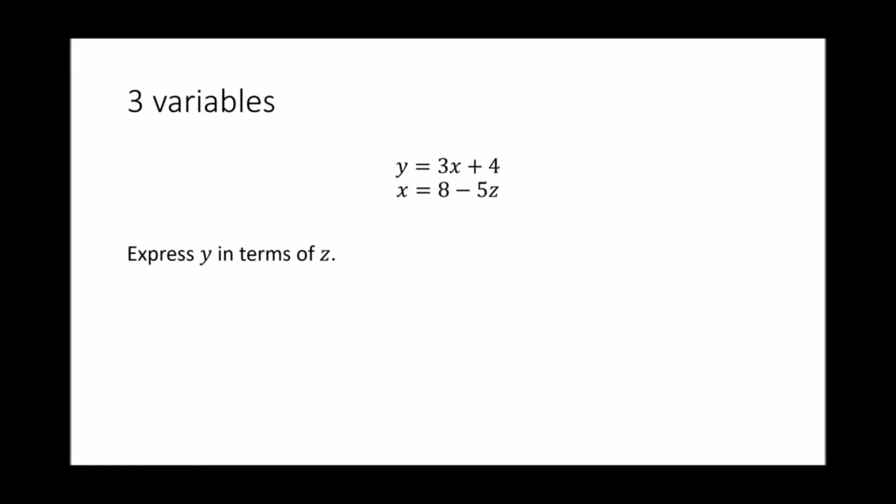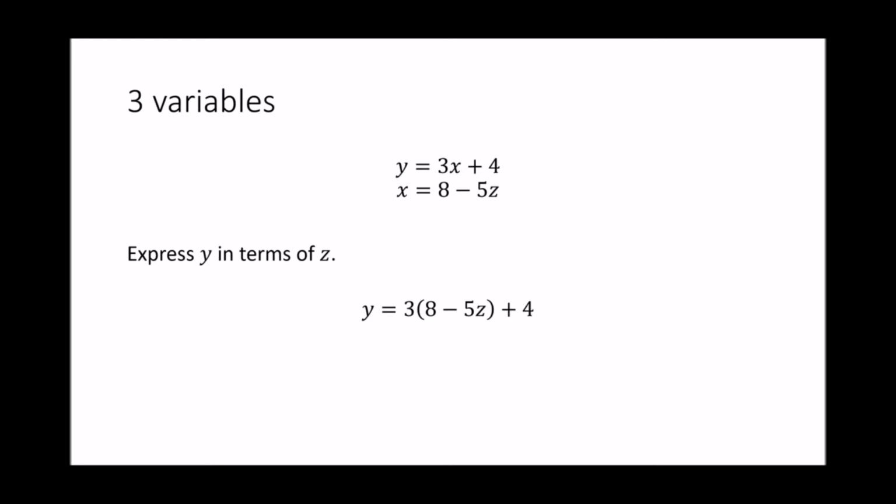So to get a formula that has the form y equals something with z. So clearly we have to get rid of that x. To get rid of that x in the formula with y, we can simply substitute the second formula into the first. Where it says x in the first formula, we can write 8 minus 5z. Then it looks like this.